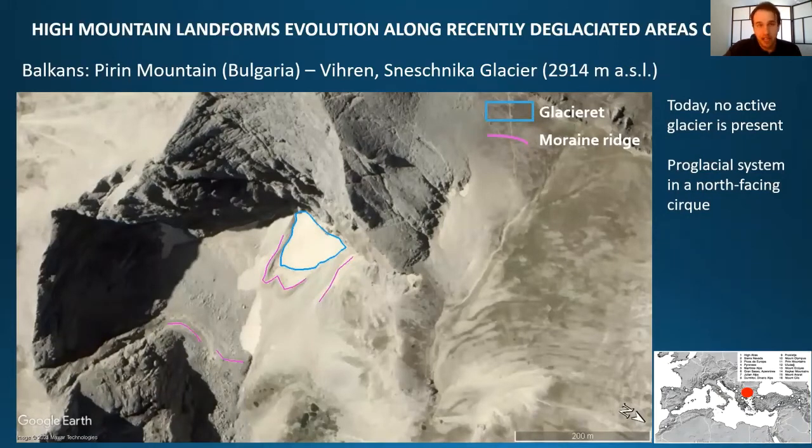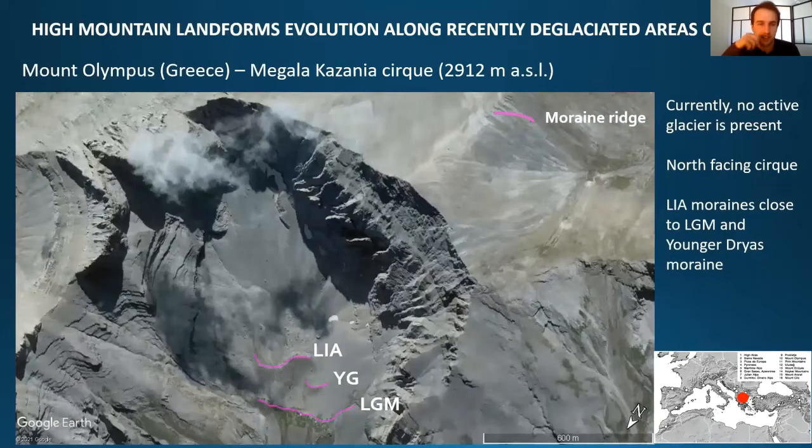We can find glacial systems also in the Balkans. This is the case of the Pirin Mountains in Bulgaria, and even in Greece. This is Mount Olympus, the highest peak of Greece, about 3,000 meters above sea level. And we find here a very small glacial system. No active glacier is present here today.